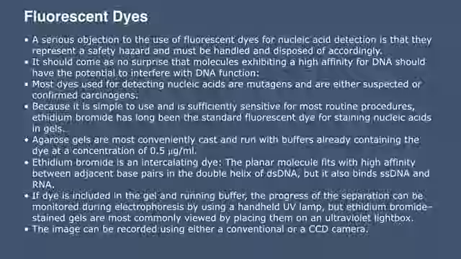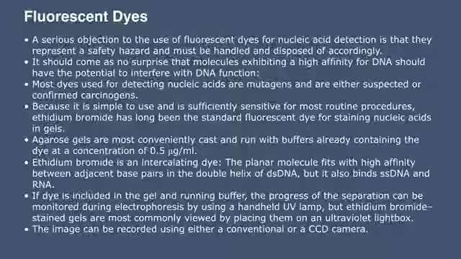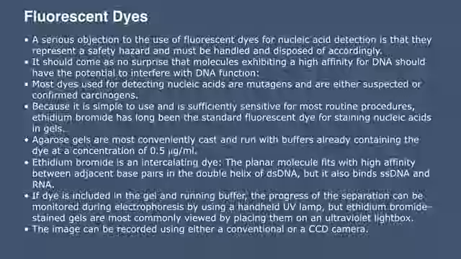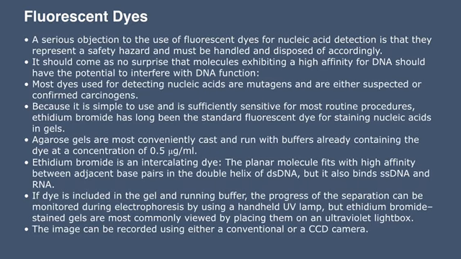Agarose gels are most conveniently cast and run with buffers already containing the dye at a concentration of 0.5 microgram per milliliter. Ethidium bromide is an intercalating dye. The planar molecule fits with high affinity between adjacent base pairs in the double helix of double-stranded DNA, but it also binds single-stranded DNA and RNA.